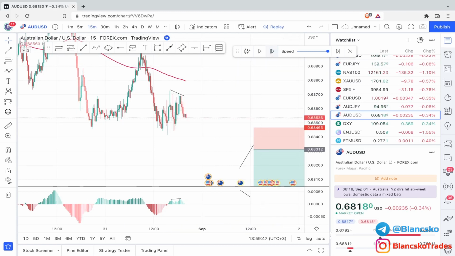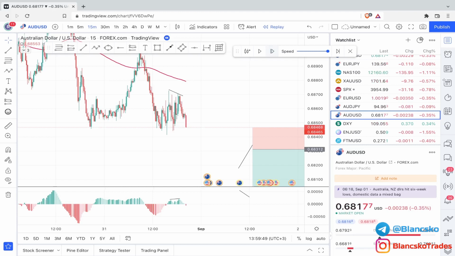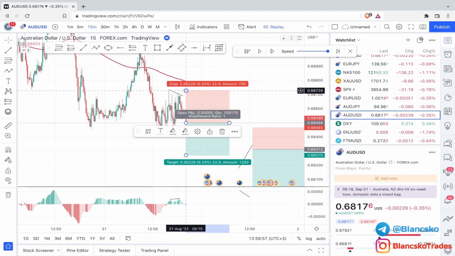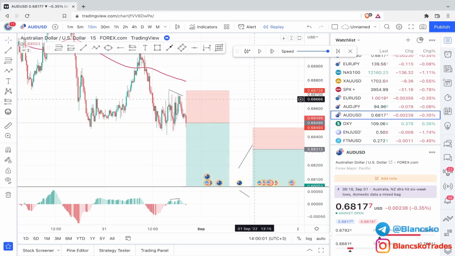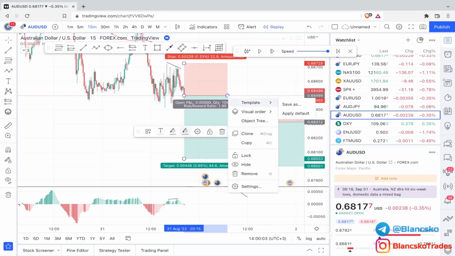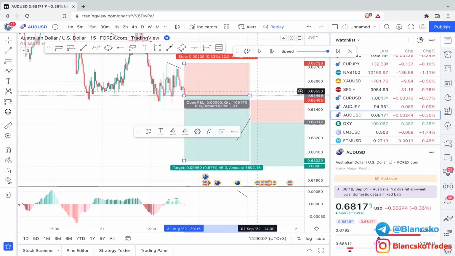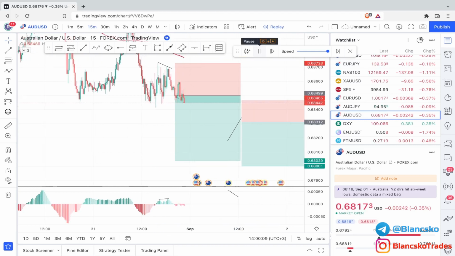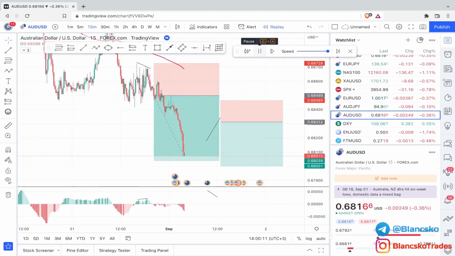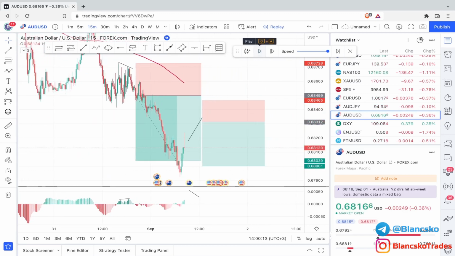Now all we wait for is the MACD crossover, and we have it right here. We enter a sell position right here, we place the stop loss right here, and we aim for a 1 to 2 risk to reward ratio, which is going to be right here. And we just wait to see how it plays out. Yeah, this one would have been a win.